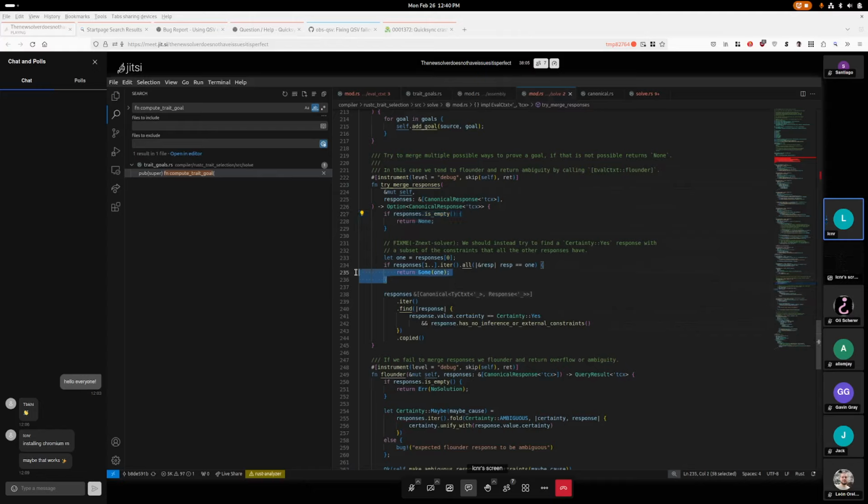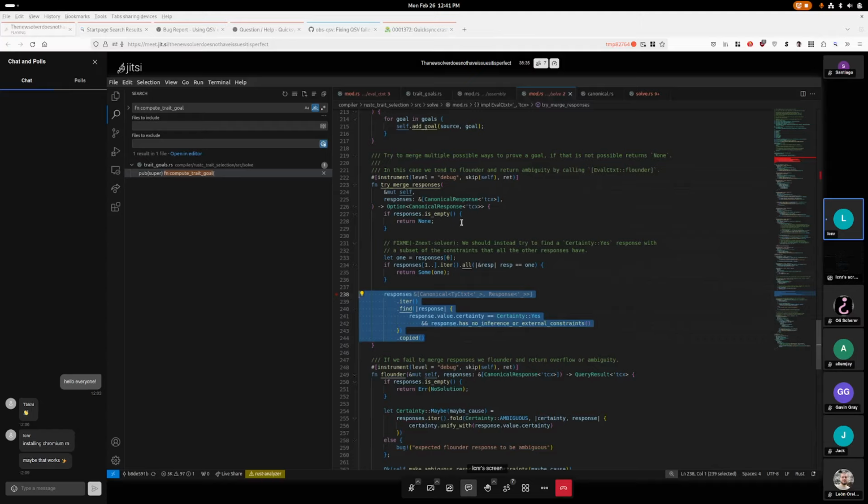If all candidates have the same result, we succeed. Or if there's a candidate which has no inference constraint, we also succeed. So if something's trivially true, we also succeed. I'm not totally sure that we're going to keep that one, but it doesn't matter for coherence, so that's good.